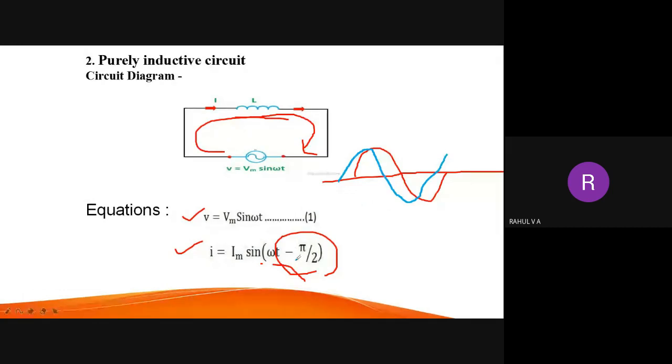So how is the voltage leading? That is what we have to find out by analyzing the circuit.